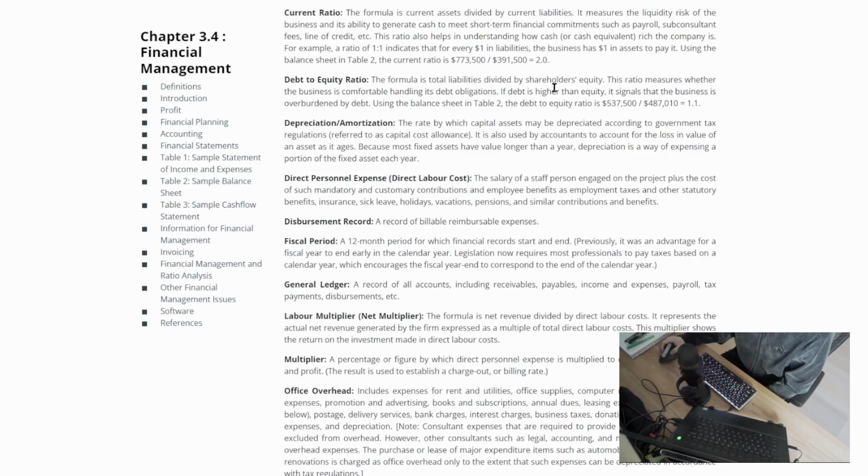This ratio measures whether the business is comfortable handling its debt obligations. If debt is higher than equity, it signals that the business is overburdened by debt. Using the balance sheet in Table 2, the debt to equity ratio is 537,500 divided by 487,010, to a total of 1.1.